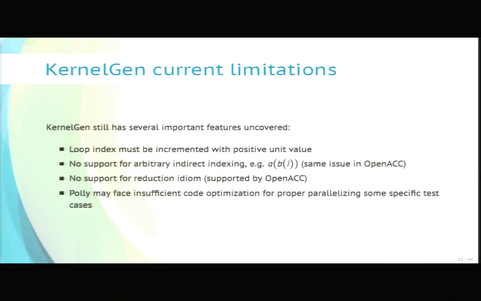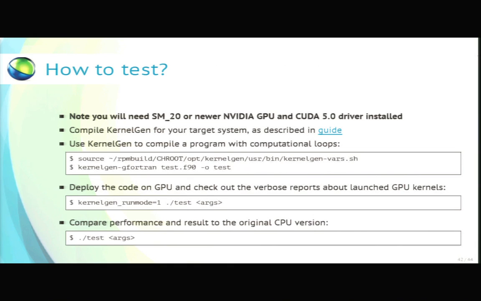Same issue for OpenACC, by the way. No support for the reduction idiom, and we may still face some minor issues in the parallel code generation because this is a prototype. Although this is a prototype, it's ready for testing, and in case you would like to test it, you will need just a modern Fermi or Kepler GPU, a fresh NVIDIA CUDA driver, and a little bit of patience to follow the build and install guide.